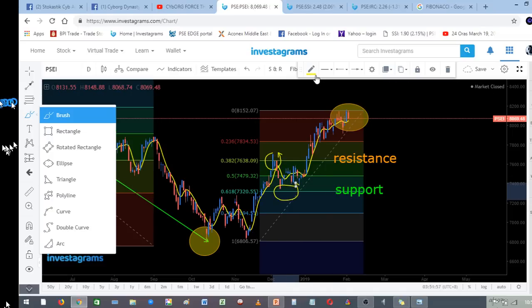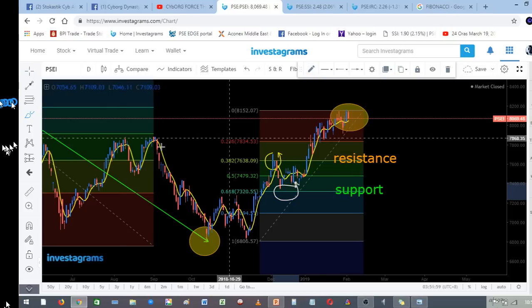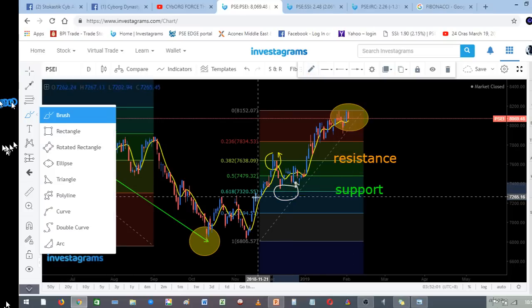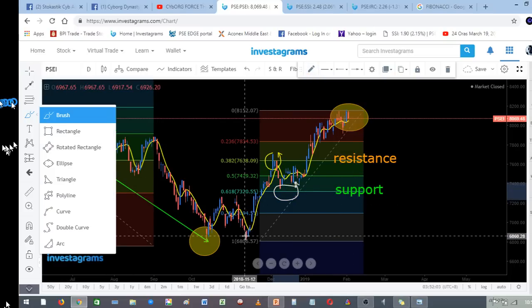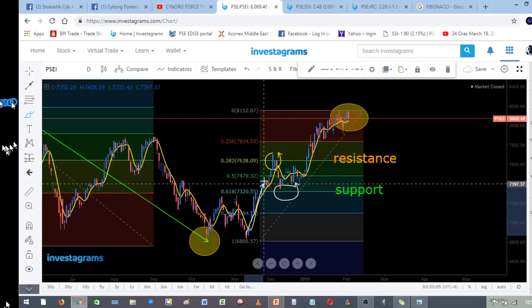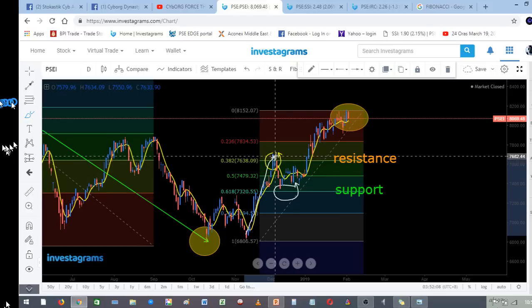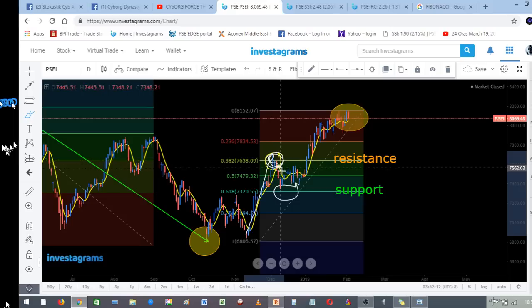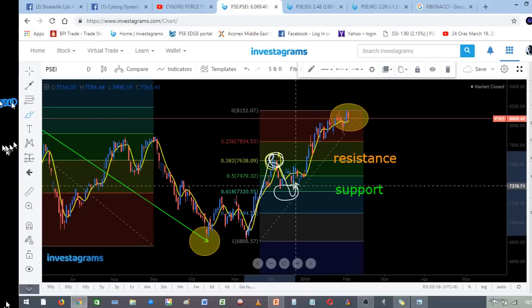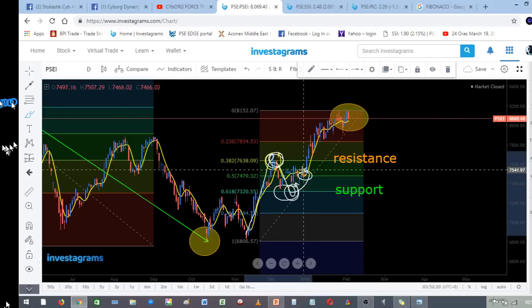So by mere plotting of the candle, from the prevailing trend of the stock, there is an exhaustion here. This is the exhausted price. Then it went down and becomes now the support. And it went up to this level, becomes now your resistance.